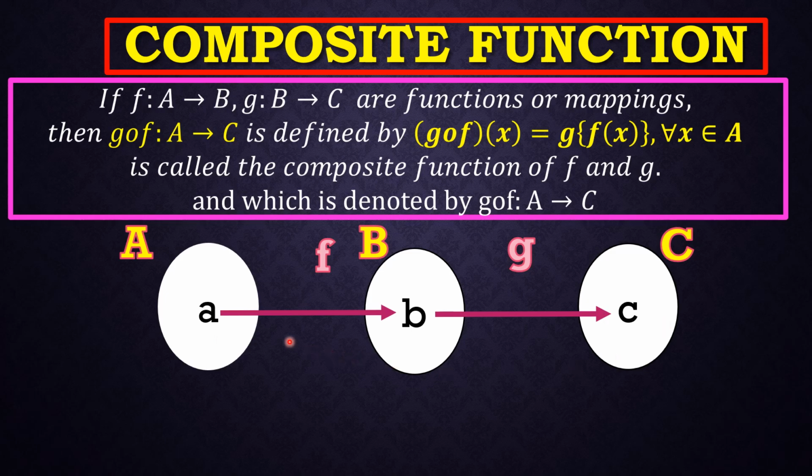So this type of composite function is g circle f. Now the image of g circle f of a is equal to c, that is denoted in symbolic form g circle f of a equals c. So this is one element which is always in the set C.